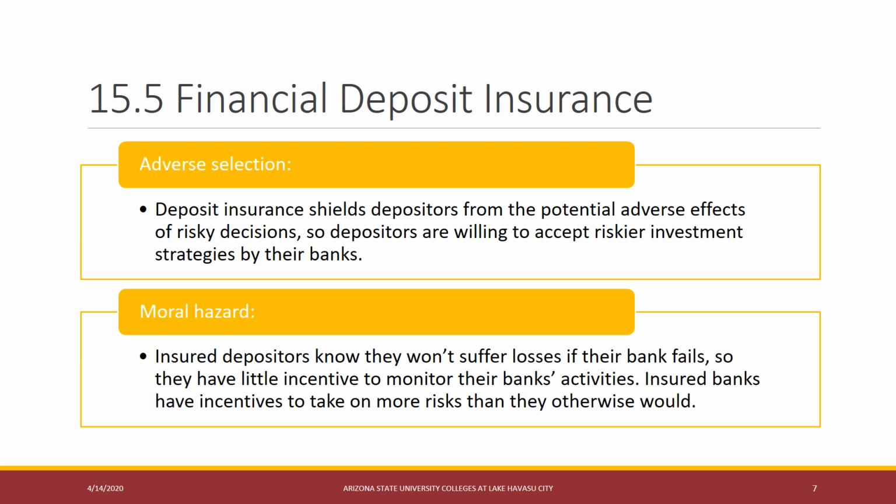Hence, they have little incentive to monitor their bank's investment activities or to punish their banks by withdrawing their funds if the bank assumes too much risk. And what does it mean? It means that the insured banks have incentives to take on more risk than they otherwise would.